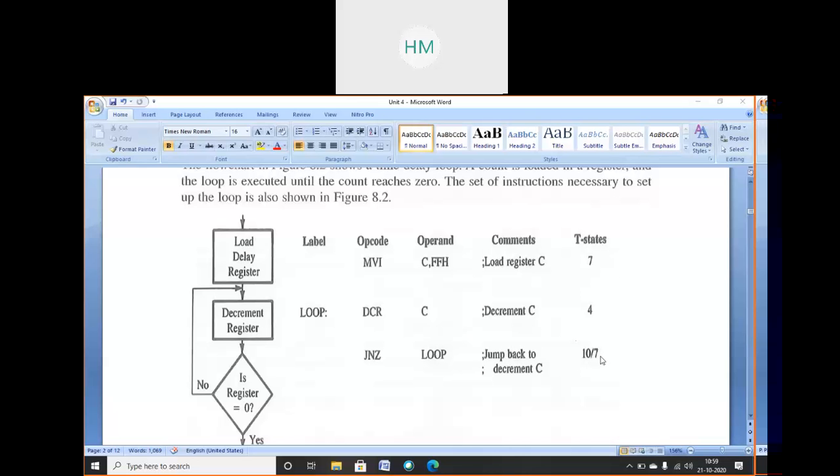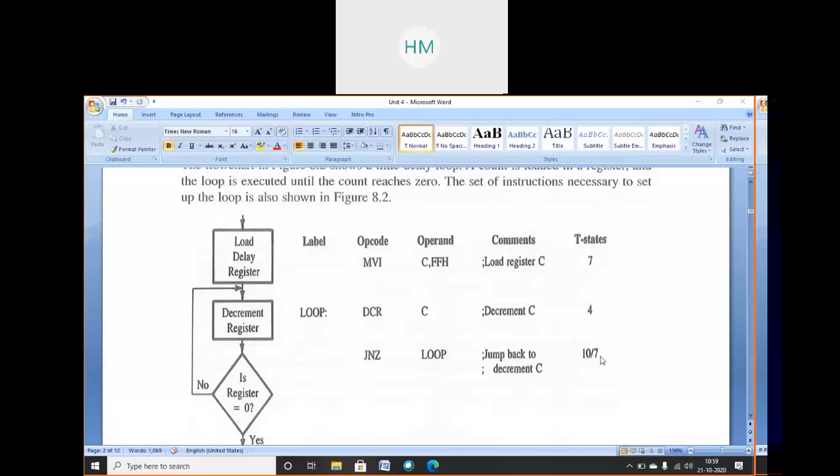Okay, what is the condition? What will happen when the condition is fulfilled? And what will happen when the condition is not? Yes, students.